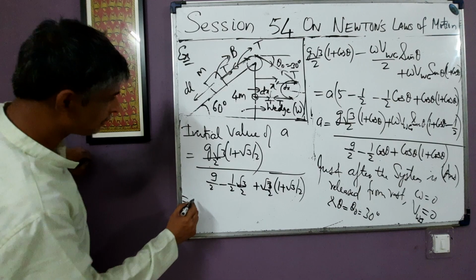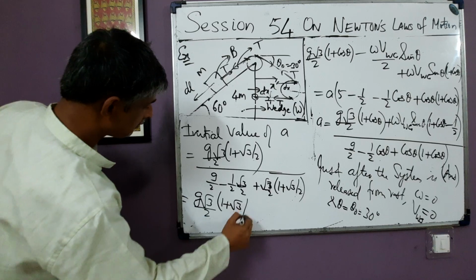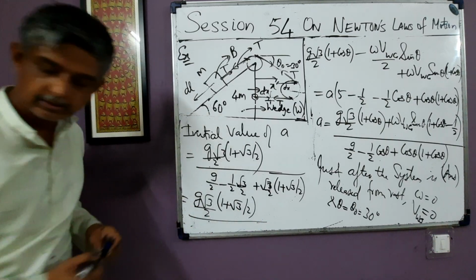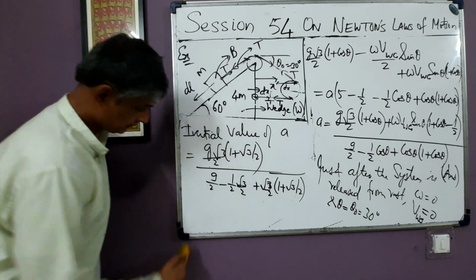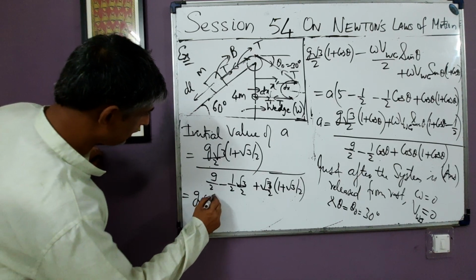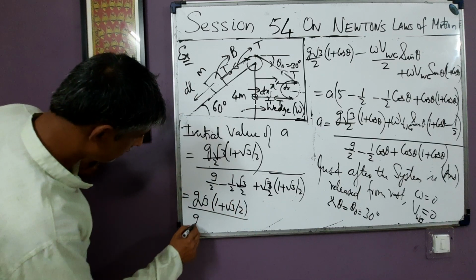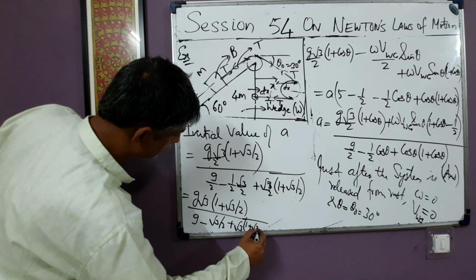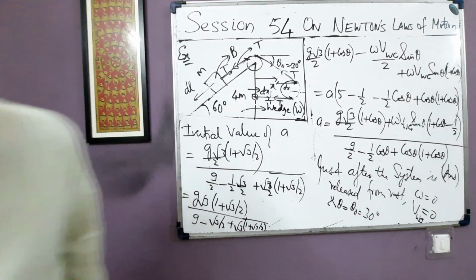Okay. So this becomes how much? G root 3 by 2, 1 plus root 3 by 2. Let's simplify it slightly. This becomes G root 3, 1 plus root 3 by 2. 2 I bring here. 9 minus root 3 by 2. Root 3 into 1 plus root 3 by 2. This is the required value of A at the initial instant.